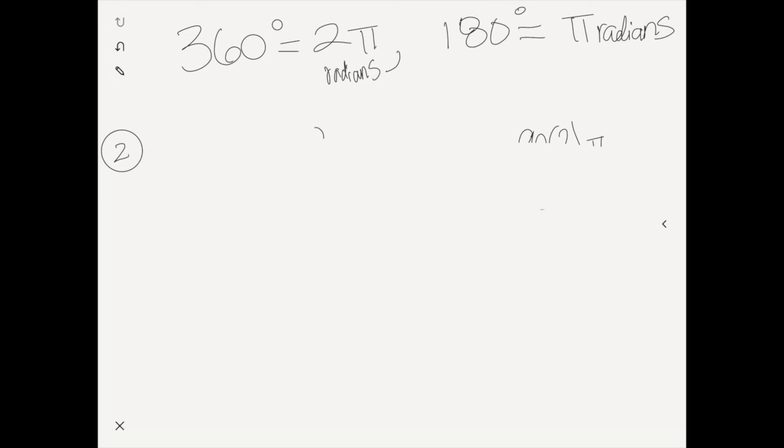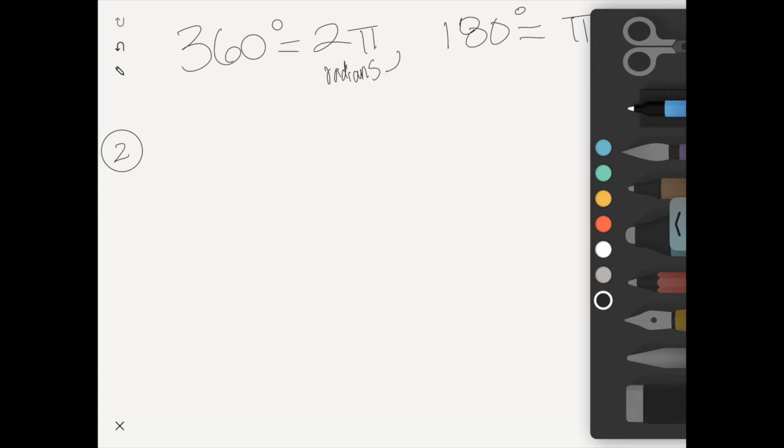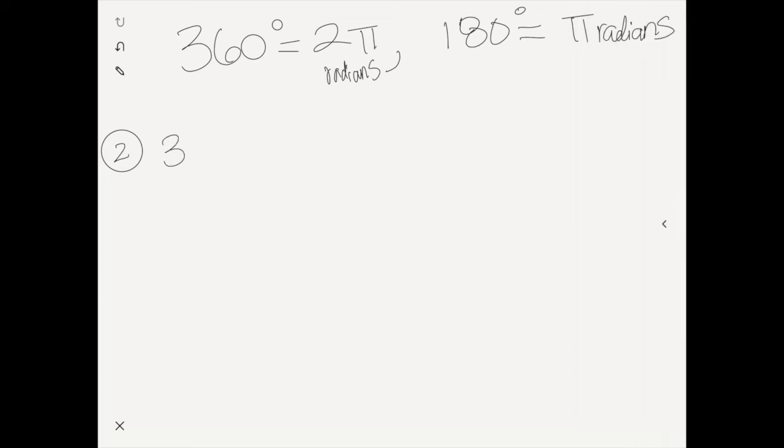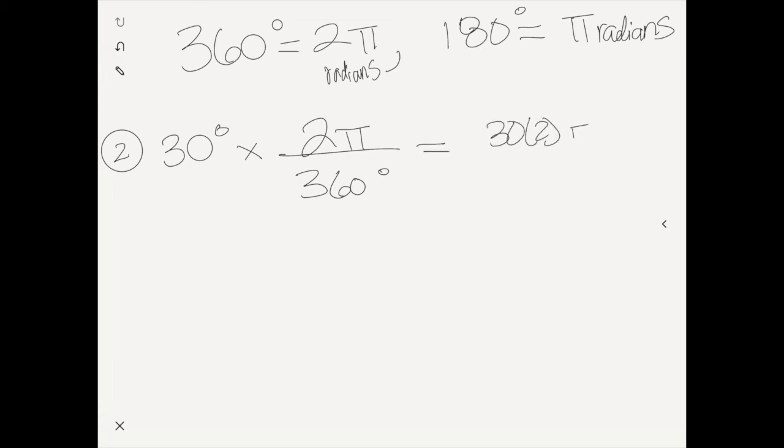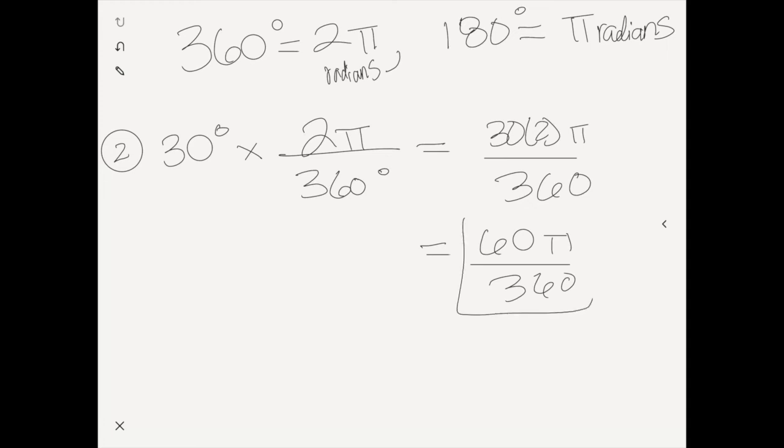So this time we're going to try and convert 30 degrees into radians. So I have 30 degrees. Remember, 360 on the bottom, and then 2 pi at the top. So we have 30 times 2 times pi over 360. 30 times 2 is 60, so we have 60 pi over 360, and I want to change this just into a fraction. 60 can go into 360.